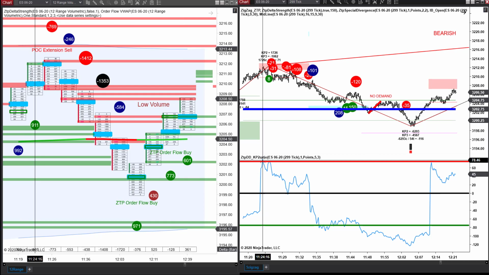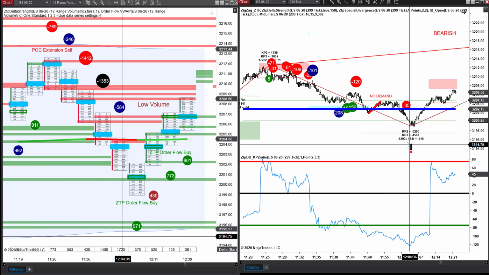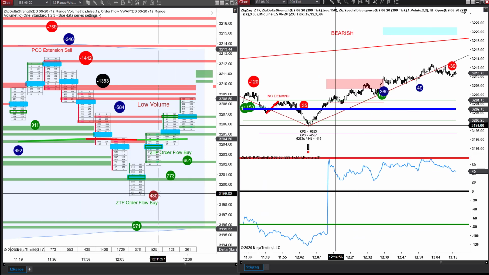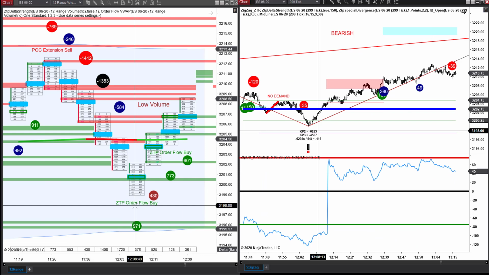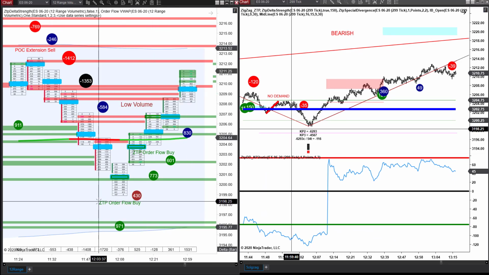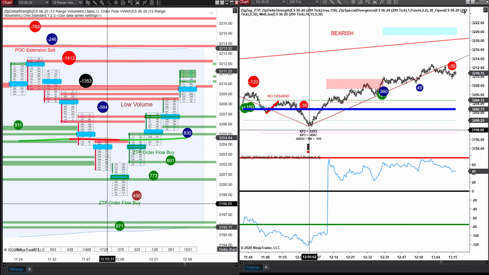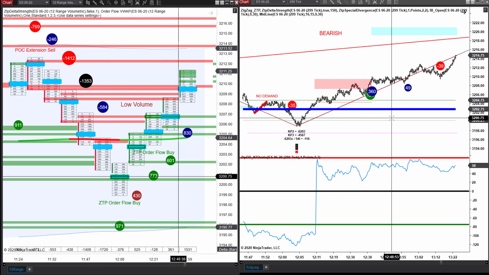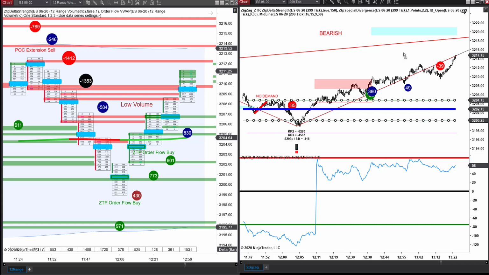So what happened after that trade? Well, that trade ended up being worth 54 ticks, or over 13 points. Now, as you see down here, we have a ZTP order flow buy. And again, at that ZTP order flow buy right there, with the ratio indicator responding as normal, we see a move higher.